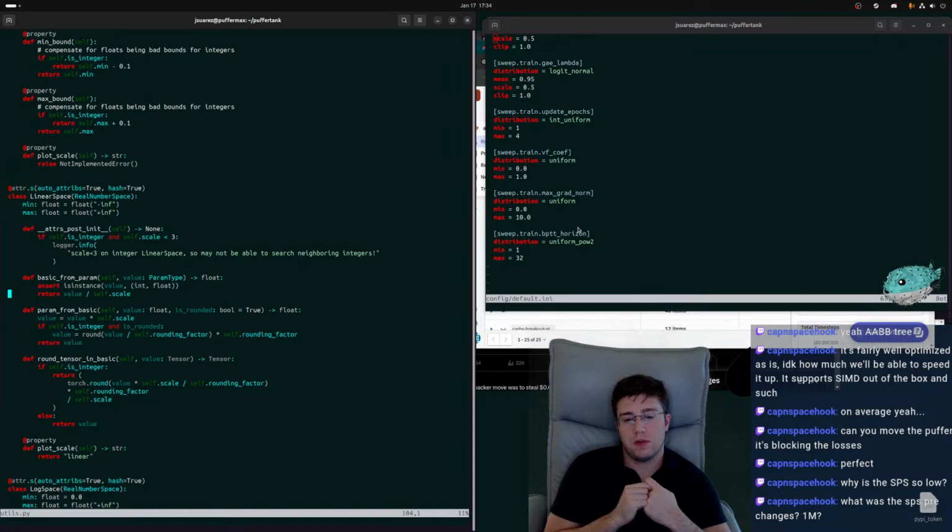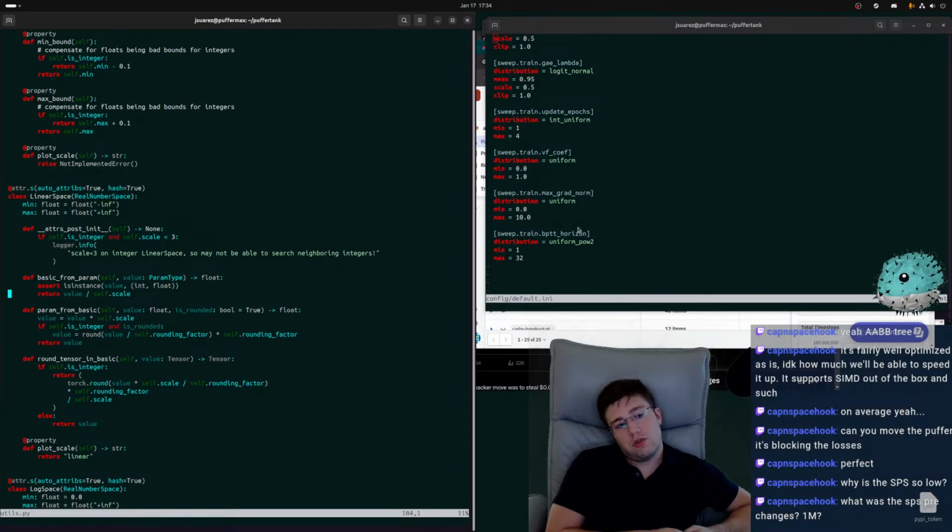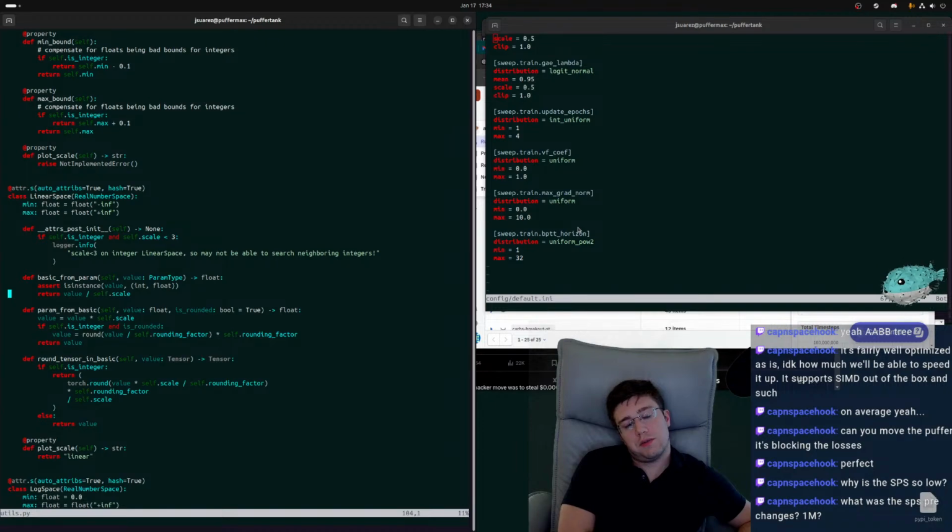Yeah, no, they're correct. So the idea is that all the samples are normal. See, for a uniform space, does this make sense? It still kind of does make sense, right?